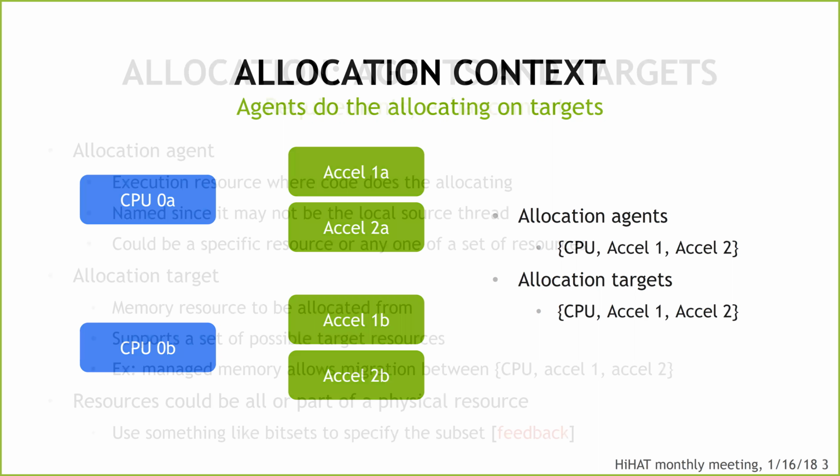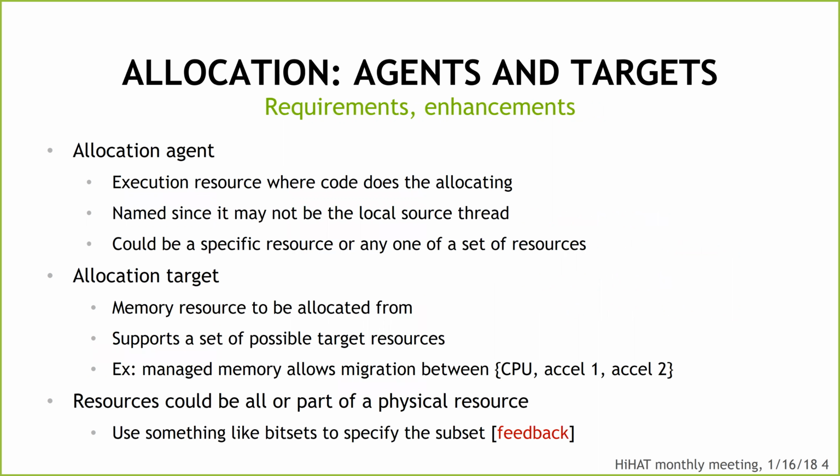All right, straightforward enough. So allocation agent is the execution resource where the code does the allocating. It's named that since it may not be the local source thread. So I could say, hey, the agent is some other thread, maybe on the same CPU, but a different core or a different CPU thread or different package or whatever.